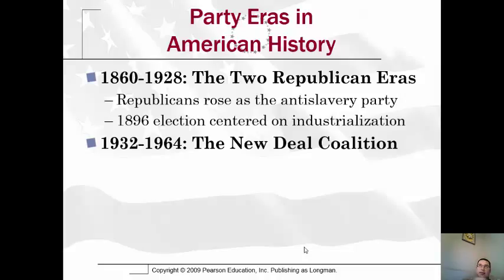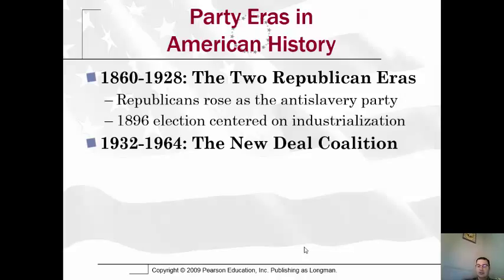And during that time, obviously, we had a lot of industrialization. You have Teddy Roosevelt. You do have Woodrow Wilson, I should say. During World War One, Woodrow Wilson was a Democrat, and he was in office, and had a profound effect on people. But largely, this time period is characterized by Republican rule.